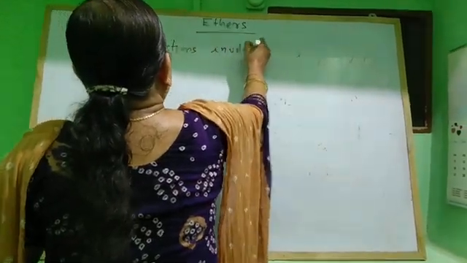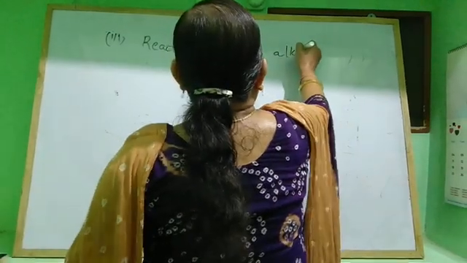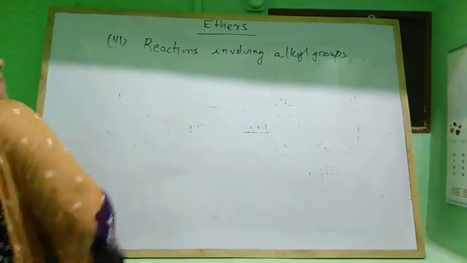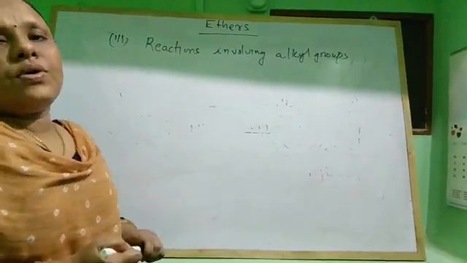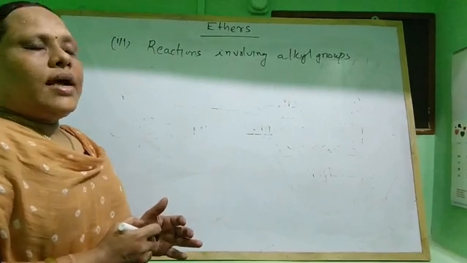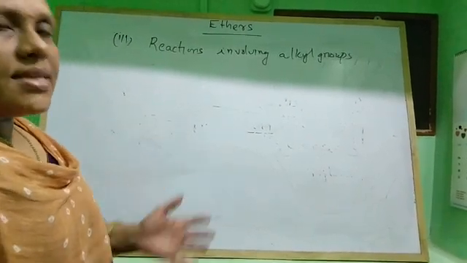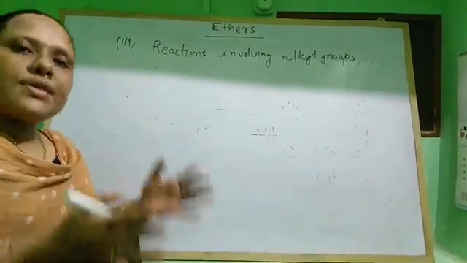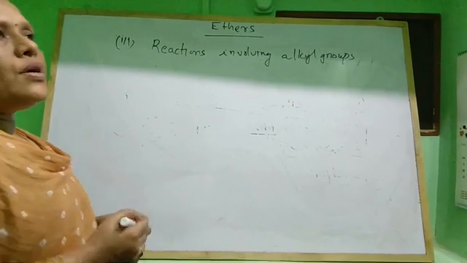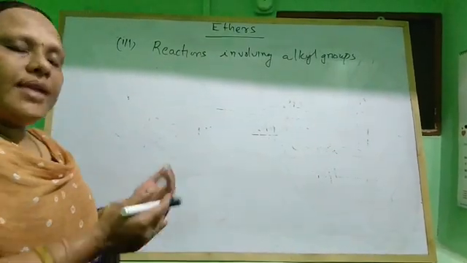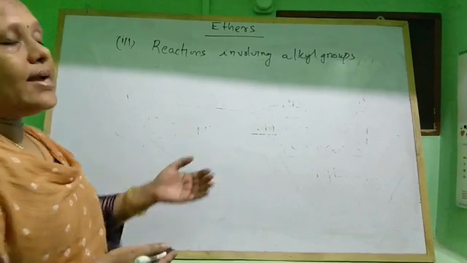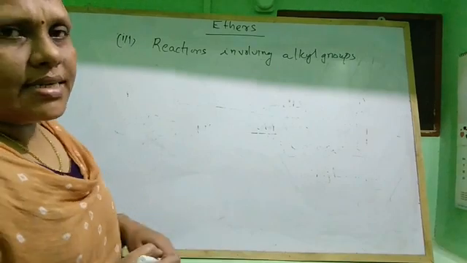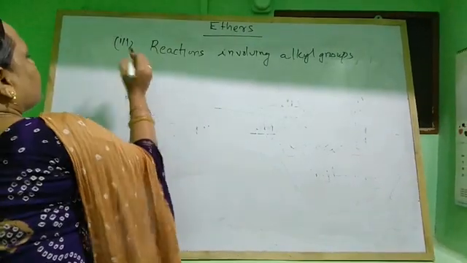Ether does not undergo oxidation in the presence of strong oxidizing agents like potassium dichromate, potassium permanganate, etc. But when it is exposed to light and air, it undergoes slight oxidation to form peroxides, to some extent.